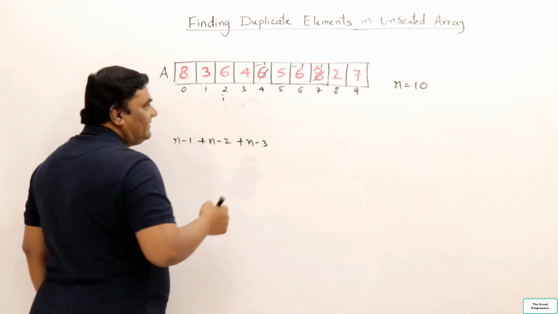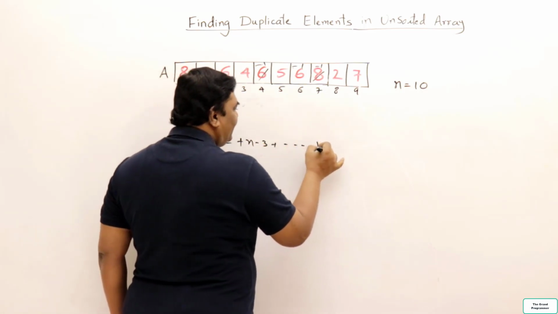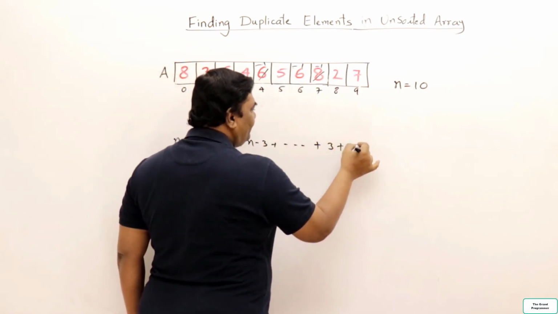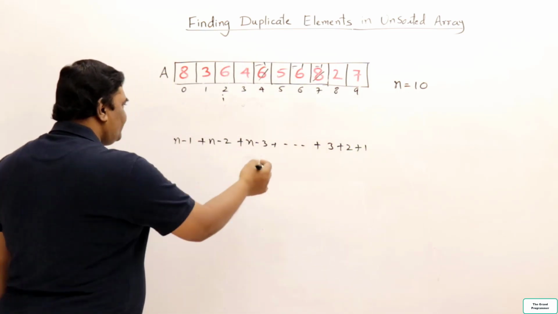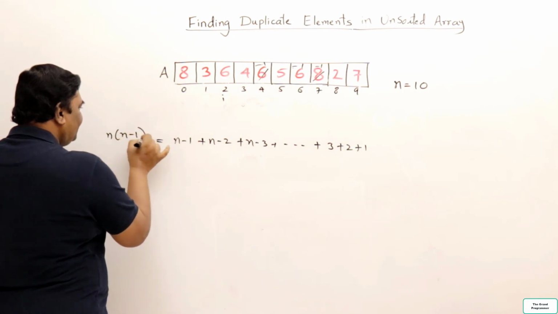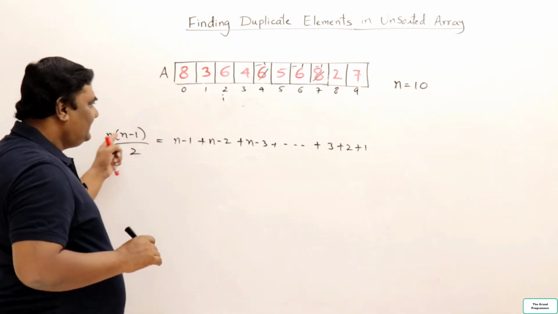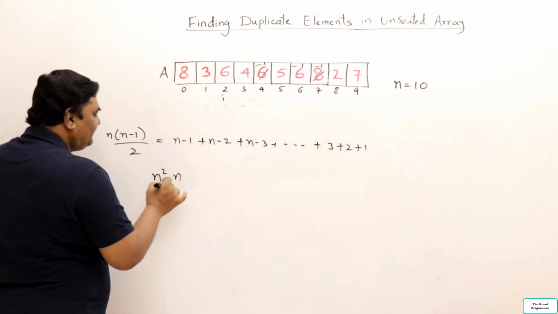So N-3 comparisons I am performing. Then in the same way, it goes on reducing up to the last 3 comparisons, 2 comparisons and 1 comparison. So these many comparisons I am doing. So total, how many comparisons are these? These are n into n-1 by 2. So this is n square minus n by 2.